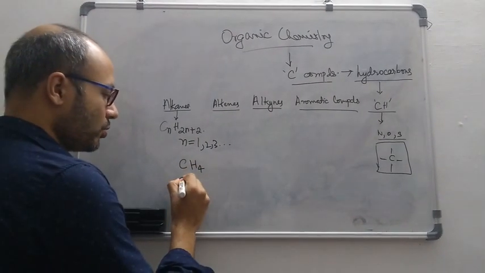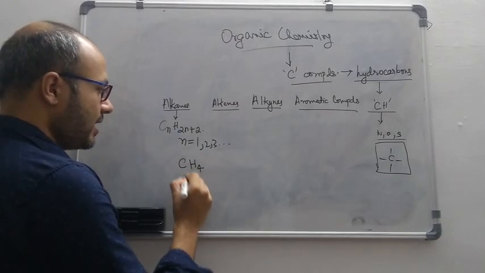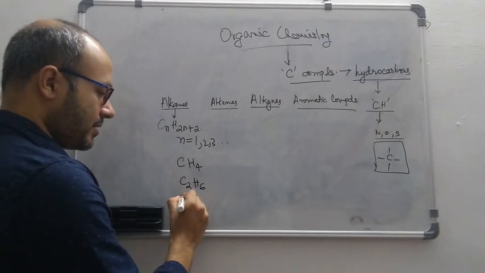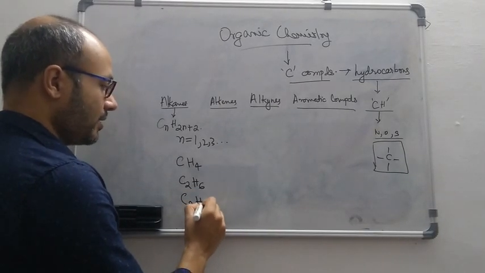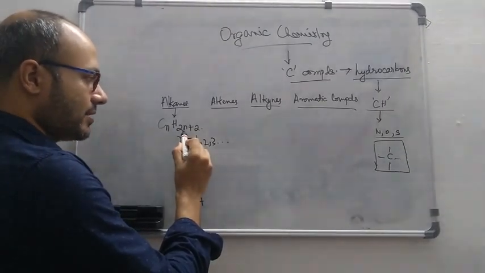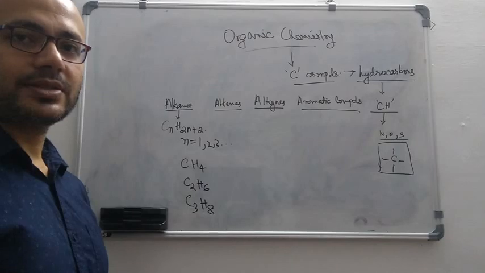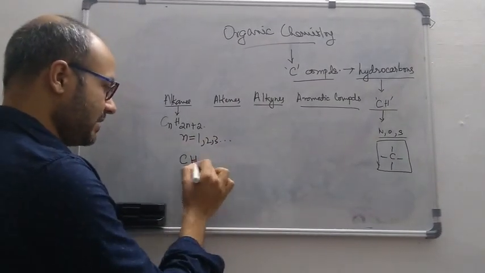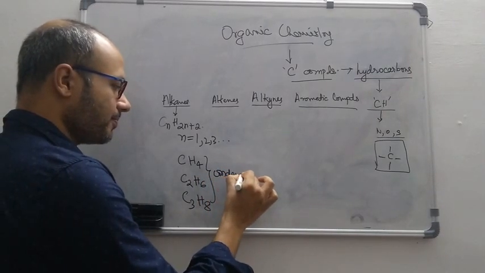When n is 2, it would be C2H6. When n is 3, C3H, 3 twos are 6, plus 2 is 8, so C3H8. These are very condensed formulas. These are called condensed formulas.